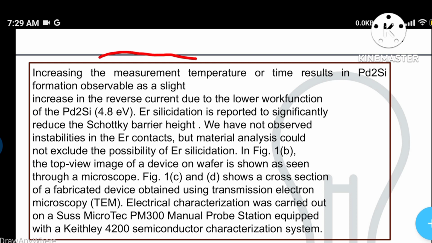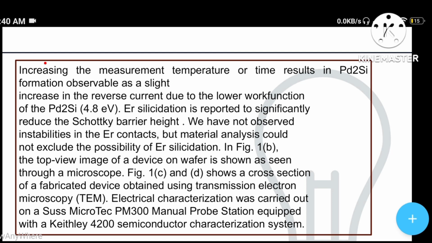Increasing the measurement temperature or time results in Pd to Si formation, observed as a slight increase in the reverse current due to the lower work function of Pd to Si, like lead silicon metal, 4.8 electron volts.